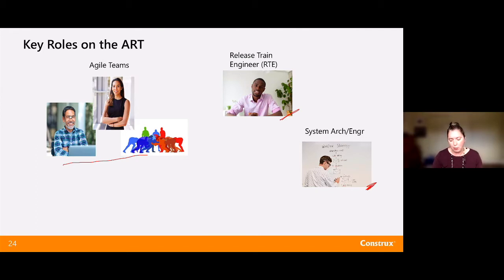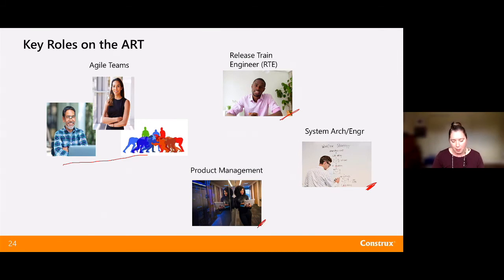This person is really responsible for that and responsible for ensuring that the right things are going into the program backlog via enablers so that those can be appropriately planned into the program increments. And we're laying enough track far enough ahead of the train that this is all going to run smoothly and efficiently.